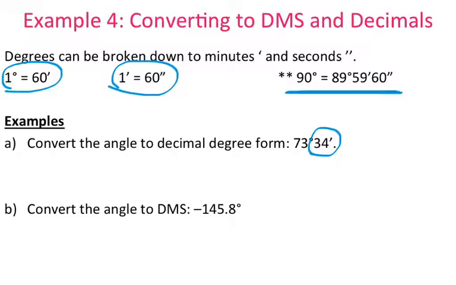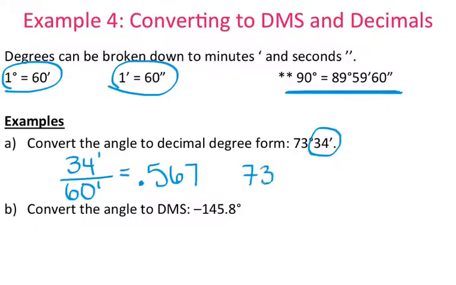So I can take 34 minutes and divide it by 60 minutes. 34 divided by 60 gives me 0.567, because I'm rounding it. So when I convert 73 degrees and 34 minutes into a decimal, that's the same thing as 73.567 degrees.